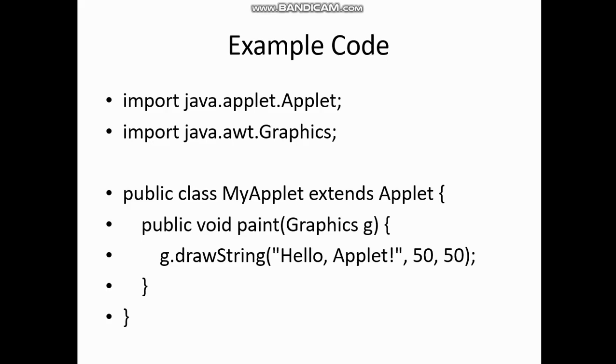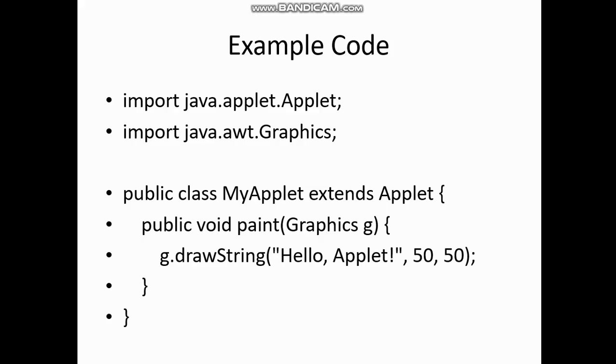So g.drawString is a Java method which has three arguments. The first argument is the string to display in the GUI application. In this program we display Hello Applet. The string is enclosed in double quotes.